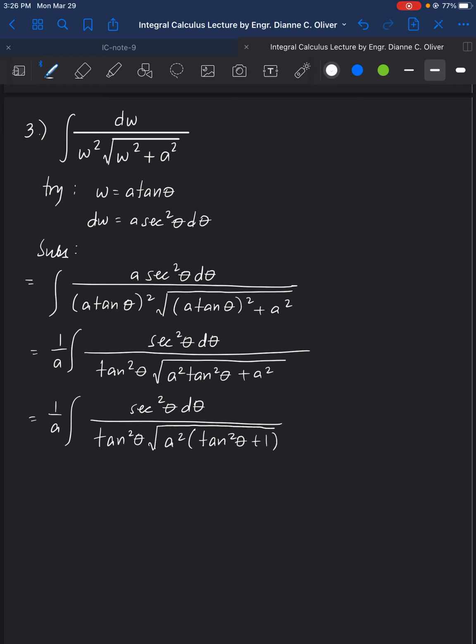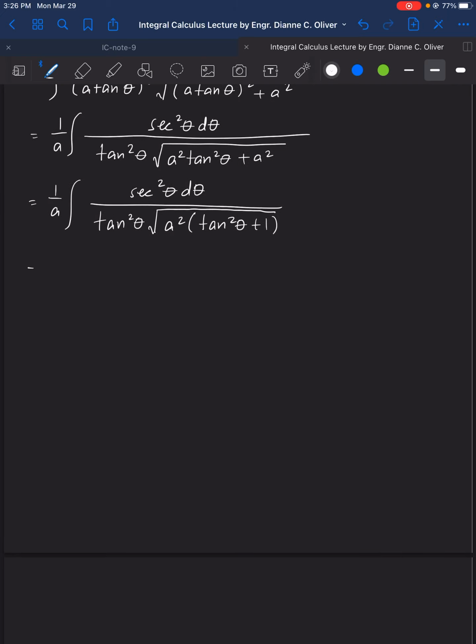Again, that is another Pythagorean identity, tangent squared theta plus 1. Over a integral of secant squared theta d theta all over tangent squared theta.